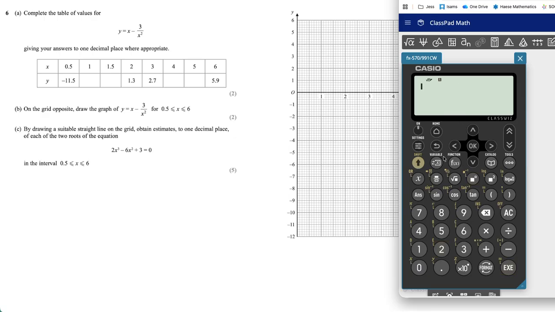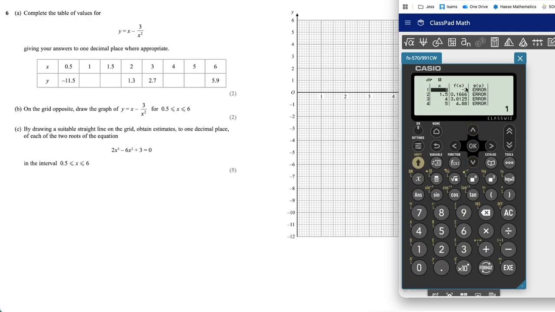Then we go back home, and we go to table, and our f of x is going to come out here. So we just type in the numbers we want. I want 1, I want 1.5, I want 4, and I want 5. The error there for g of x, guys, is because I don't have a g of x defined.